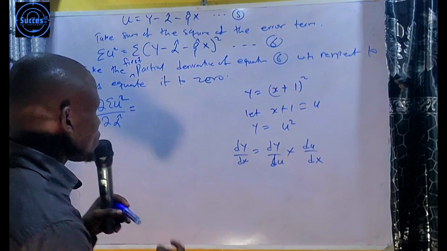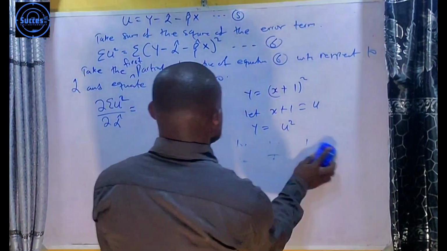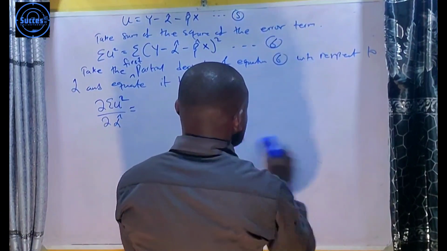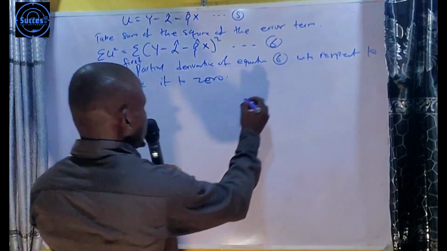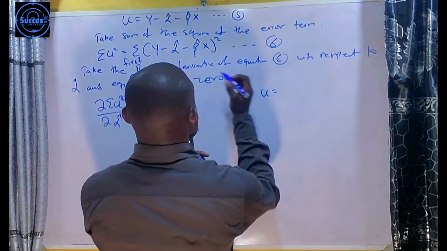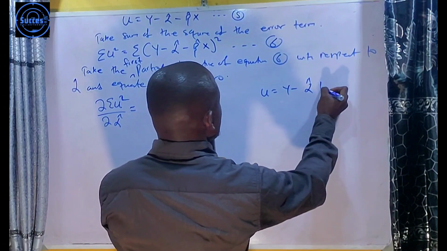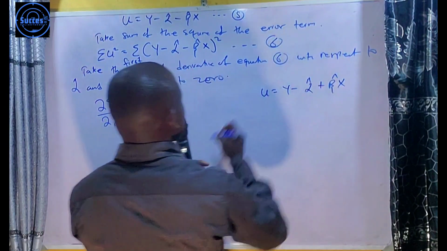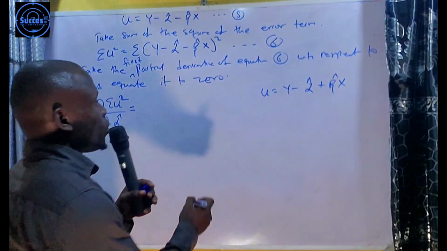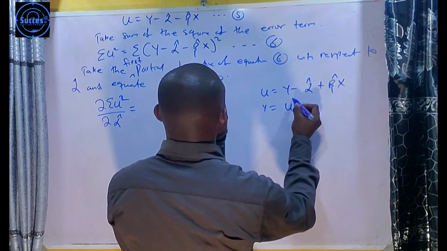So in our illustration here, to estimate this using the chain rule, you let u be equal to y minus alpha cap plus beta cap x. Therefore y will be equal to u squared.